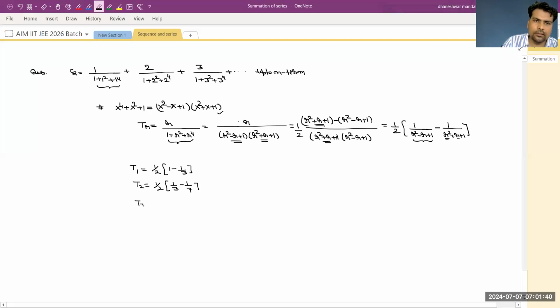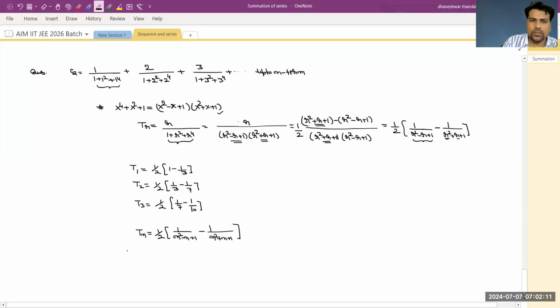Similarly, if I take 3, then 9 minus 3, 6, plus 1 is 7, and 9 plus 3, 12, plus 1 is 13. In the similar way, if I put n, then here we have 1 divided by n squared minus n plus 1, and here we have n squared plus n plus 1.